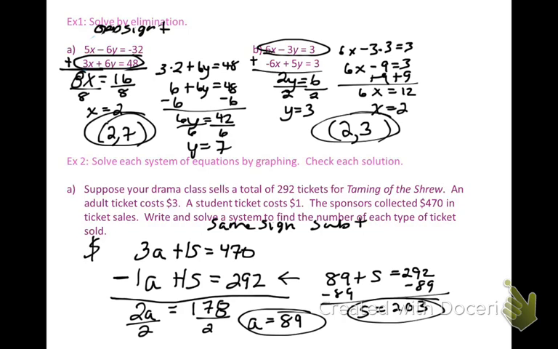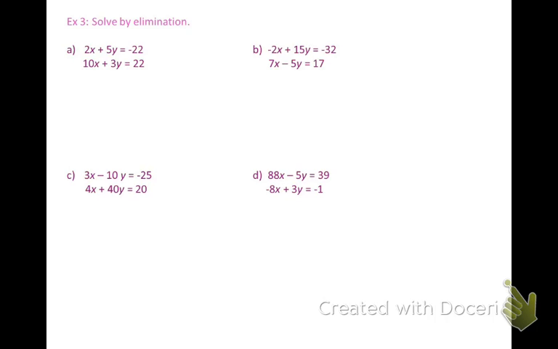That's pretty darn good. All right, let's look at another one. Okay, elimination. If I look at example 3, I don't have the same numbers this time. But if I multiply the top one on A, I can make it match one of the numbers on the bottom.